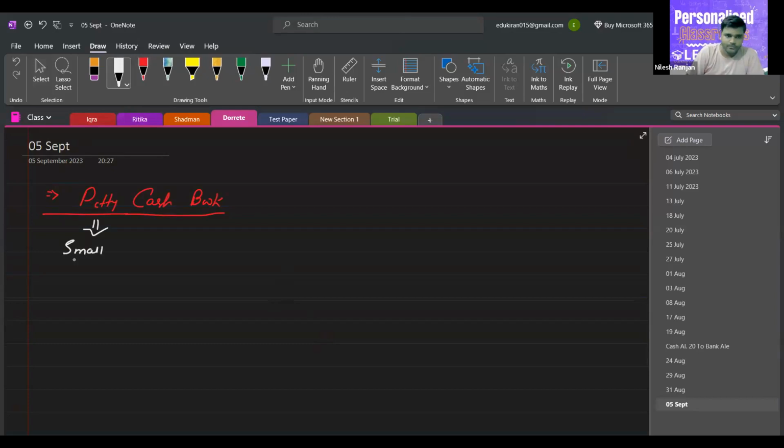Small, and here we are talking about the small expenses, and cash book is for payment.